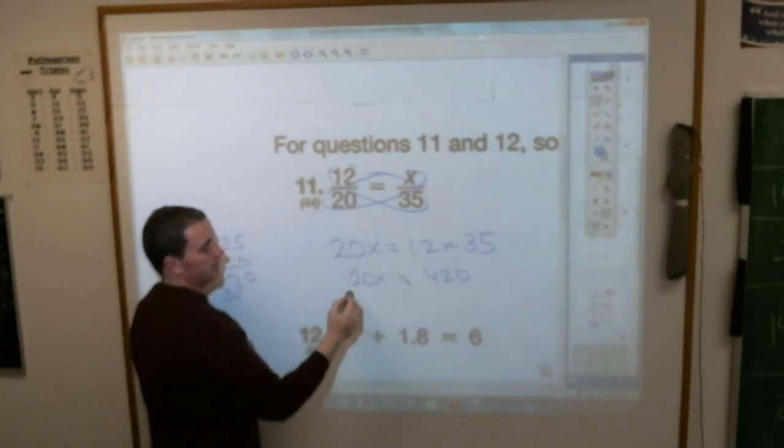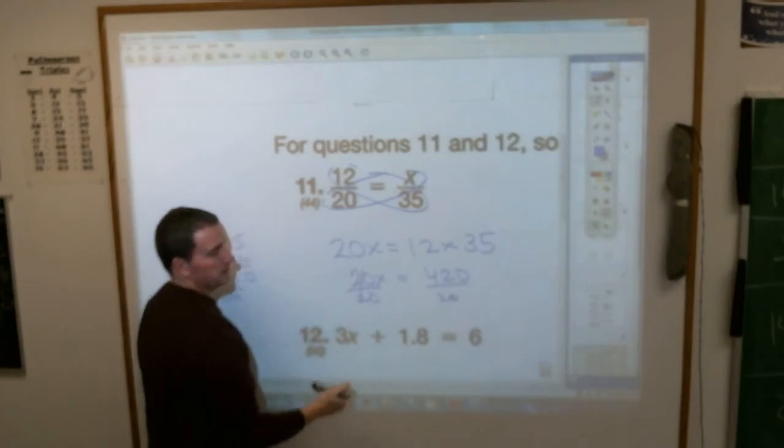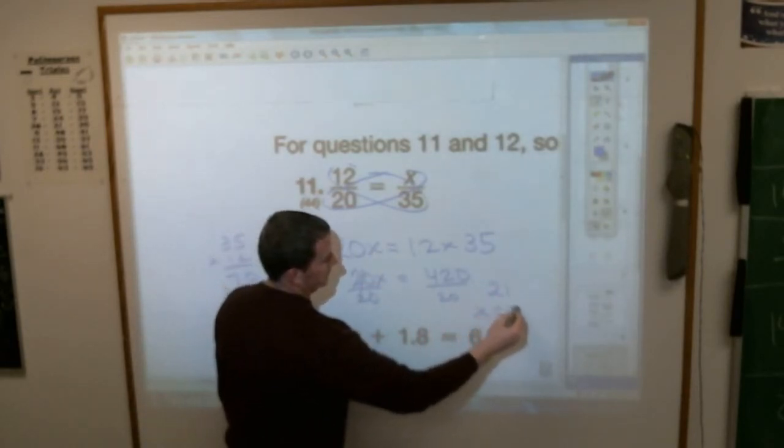So 20x equals 420, and you just divide by 20. You get 21. x equals 21.